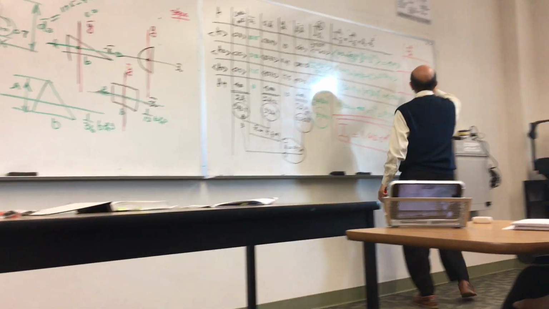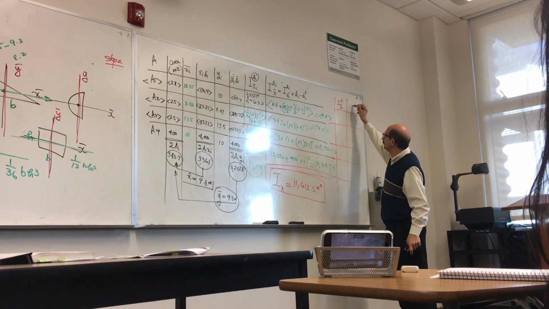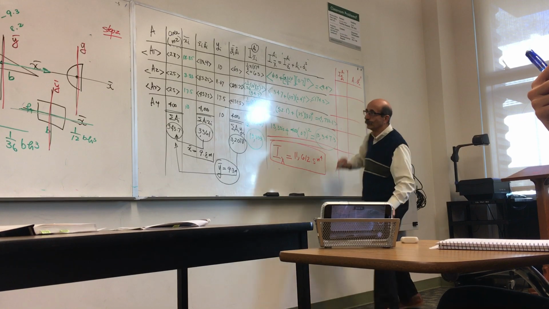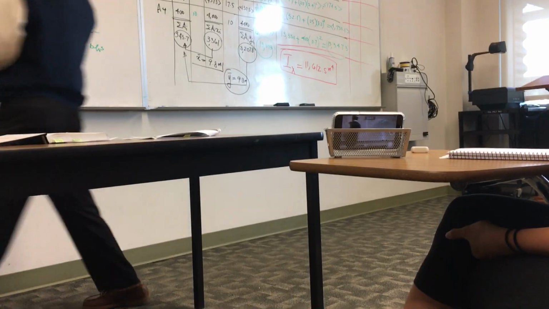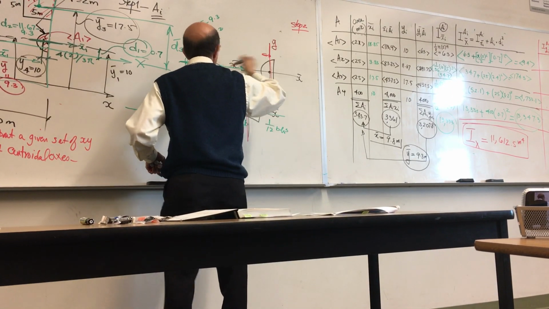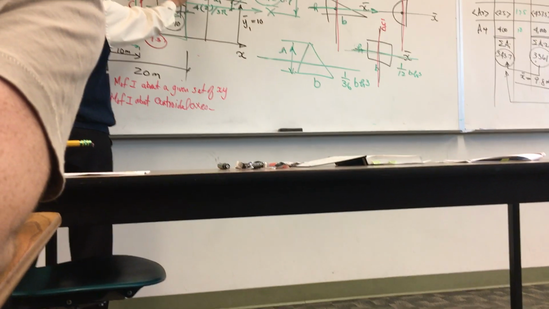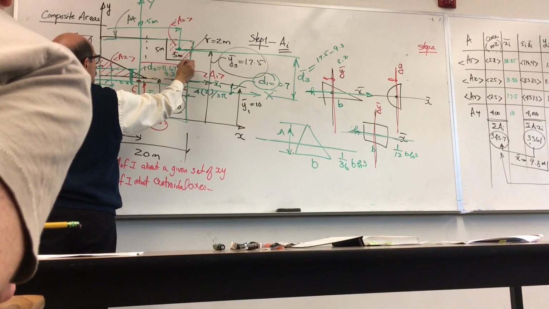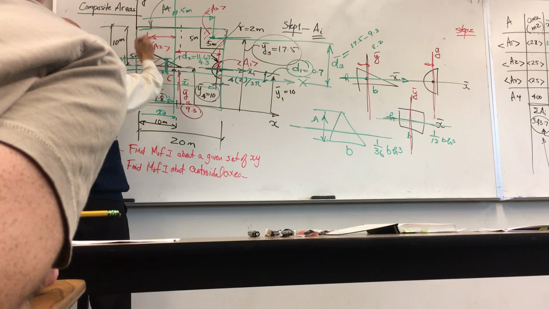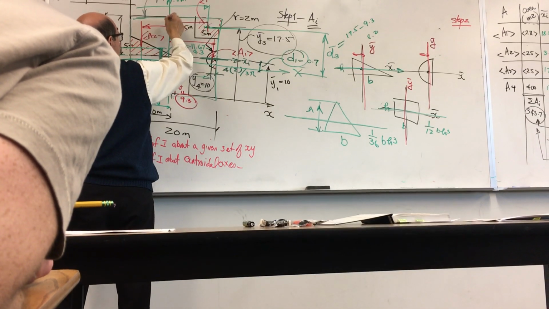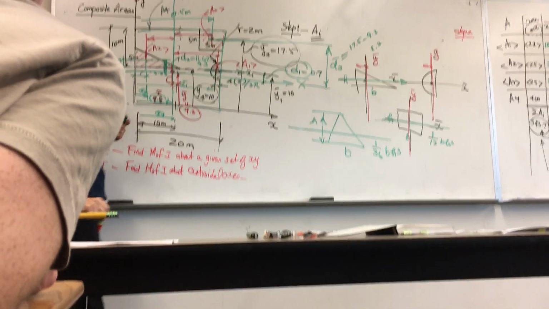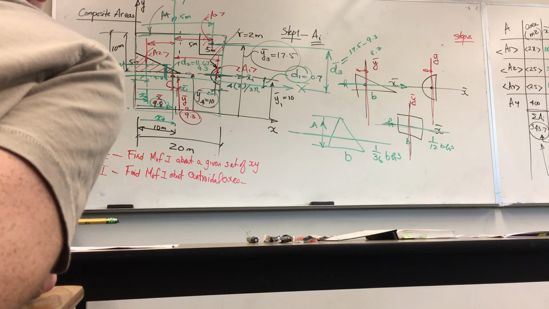Then you add again the area times d prime i squared. Now, this is the y, so it would be this distance. In other words, for this guy, it would be the distance from here to here. For this guy, from here to here. For this guy, this distance, and for this guy this distance. Calculate all those.